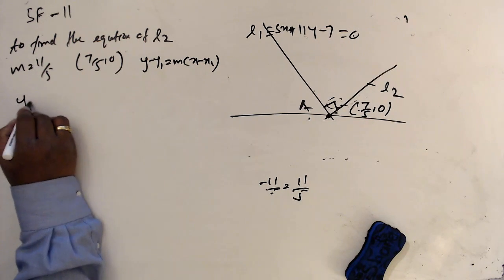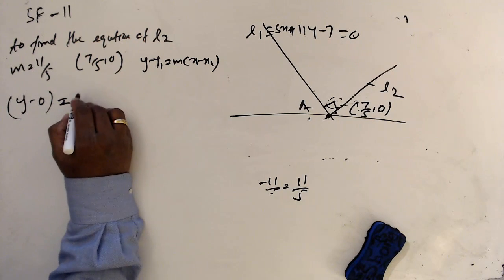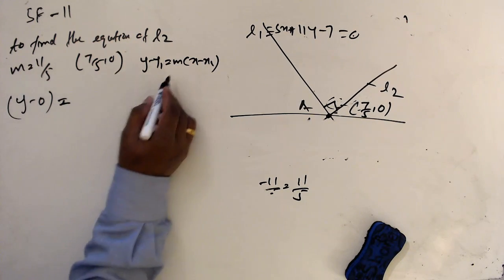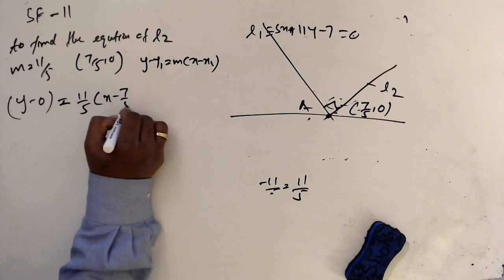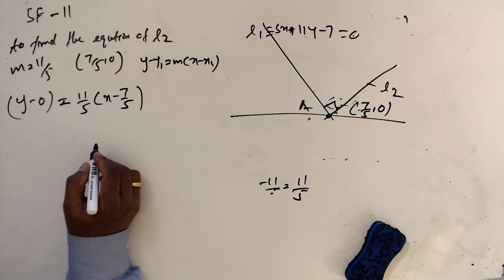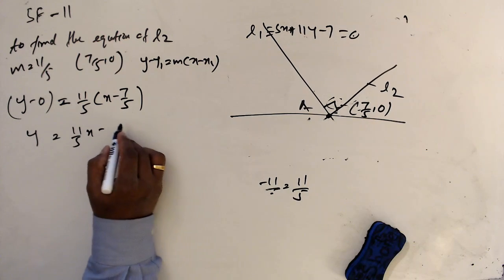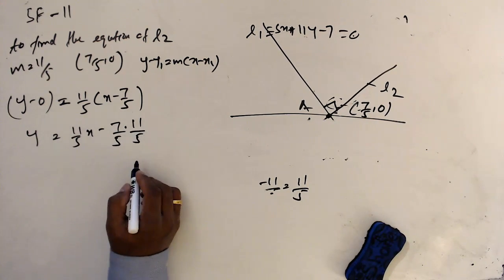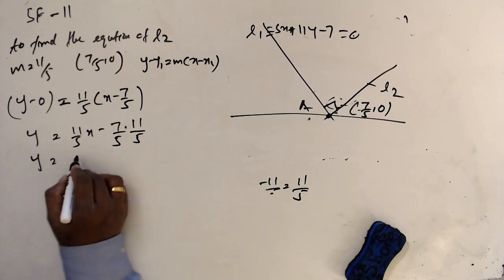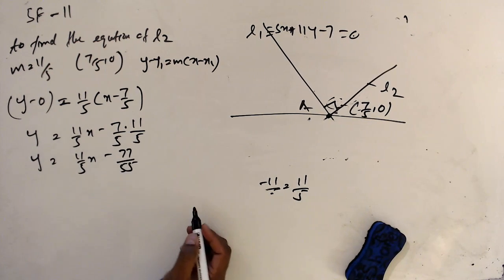So y minus 0 equals m times x minus 7 over 5, which is 11 over 5. So y equals 11 over 5 x minus 7 over 5 times 11 over 5. y equals 11 over 5 x minus 77 over 25.